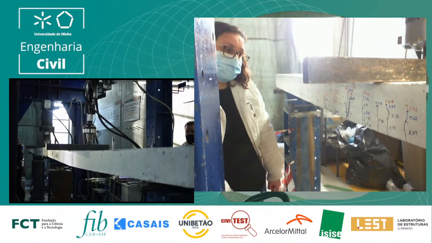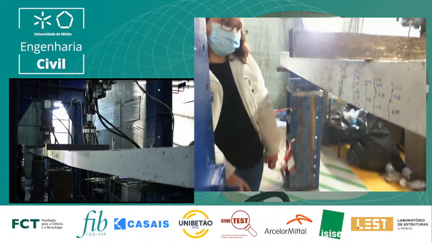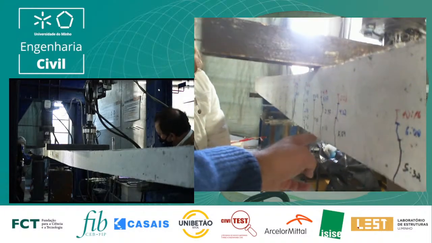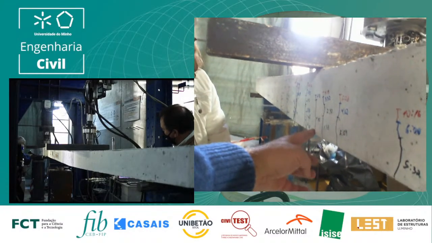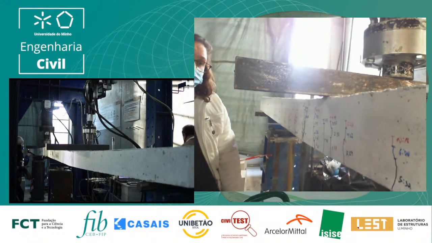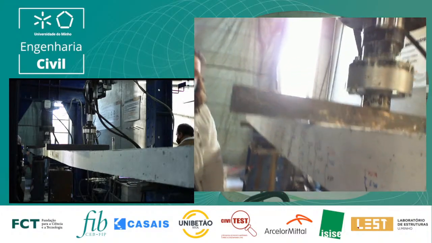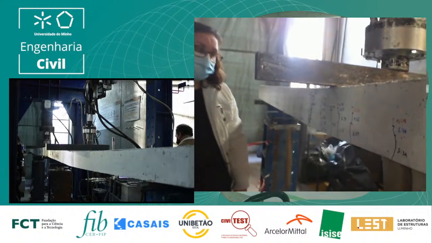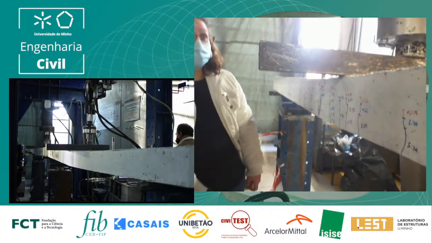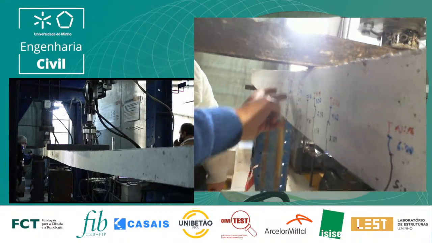And since the strain gauges are in this section, some of them may start decreasing, because the crack started localizing. So the strains can start decreasing because the strains are now a little bit far away from the main crack, the failure crack.